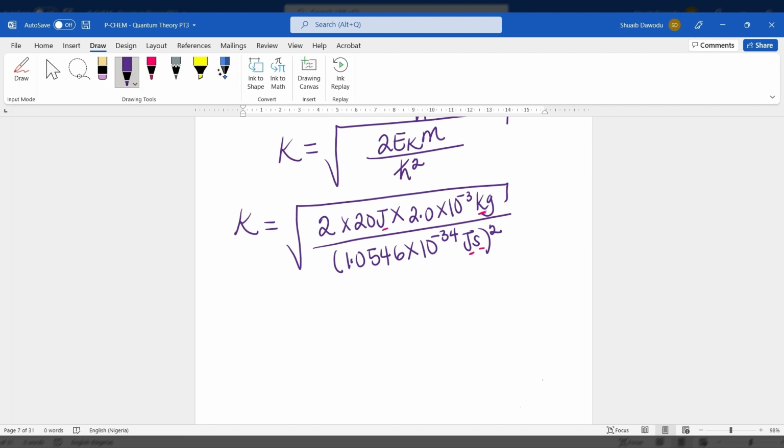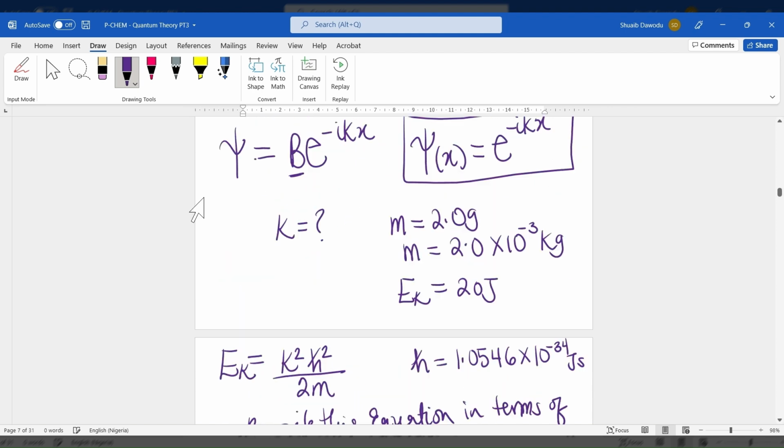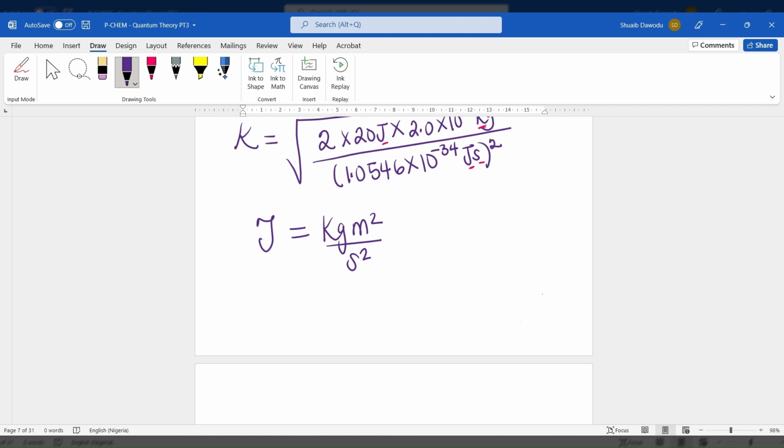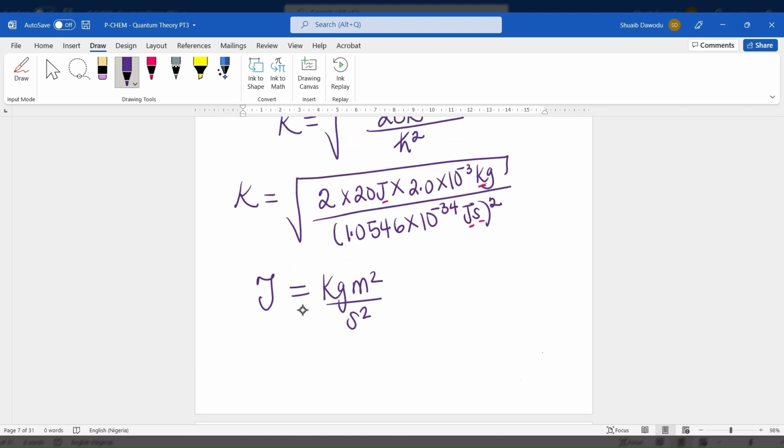So we now have to remember that this unit of joules is the same thing as kilogram meters squared per second squared. The joule itself is the SI unit of energy. And if you remember, energy is the same thing as force times distance.